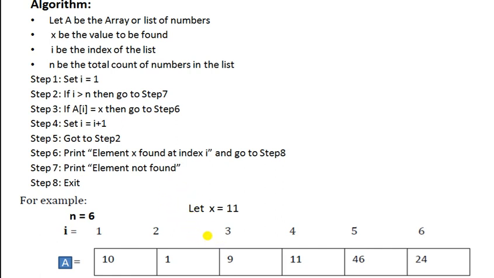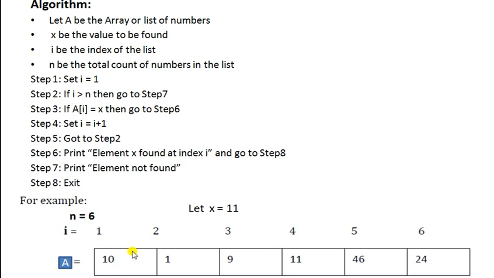So here it's the first element, so it has not reached the end of the list. So we go to step 3. If A of I equal to X, that is A of 1 is 10. Is 10 equal to 11? No. Go to step 4.